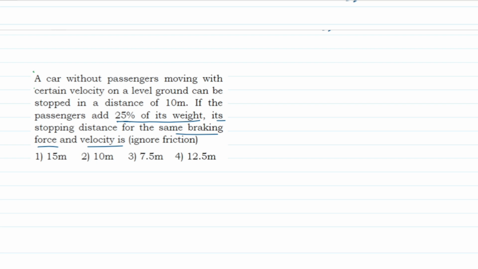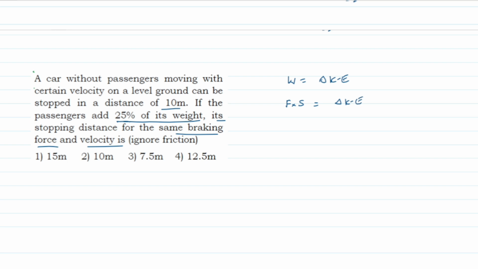Here a car is moving without passengers at a certain velocity on level ground and is stopped at a distance of 10 meters. First, calculate the work done, which is the change in kinetic energy of the system. Work done is force into displacement of the car, which is the change in kinetic energy.